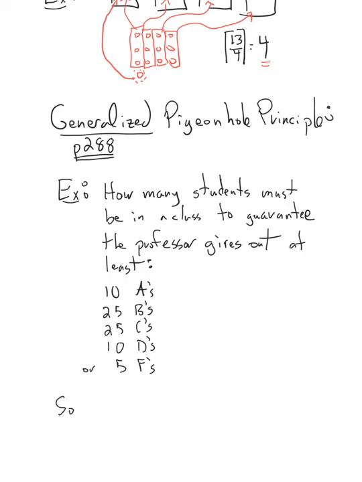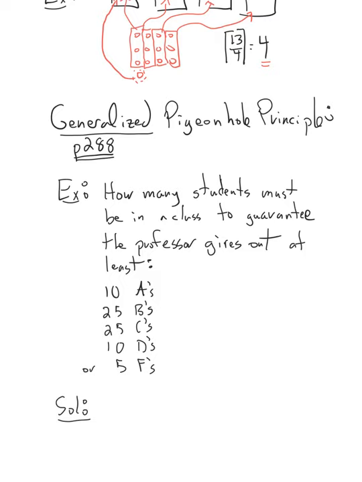And so what this is saying is basically, fill up your boxes as much as you can without satisfying the condition, and then one more student after that will satisfy one of these conditions.